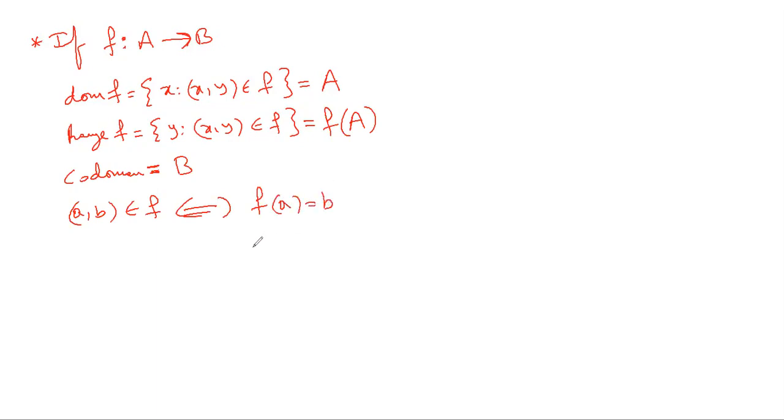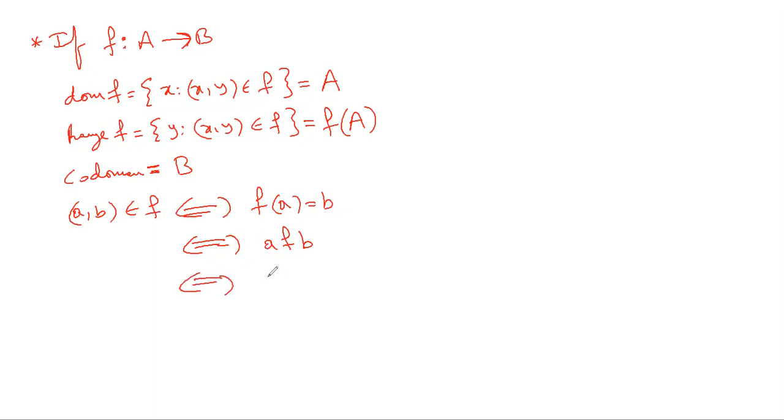In case (a, b) belongs to f, then you can write f of a is equal to b. That's a true statement. Next, you can also write a f b. All these you can do in relations itself. When you call f a function, it is a relation. So that's why all these conditions also hold good.